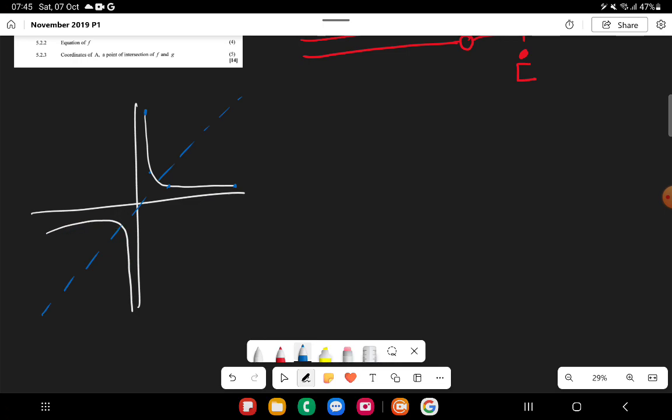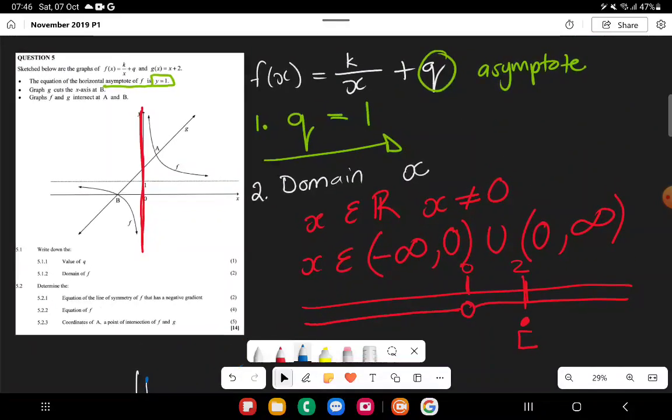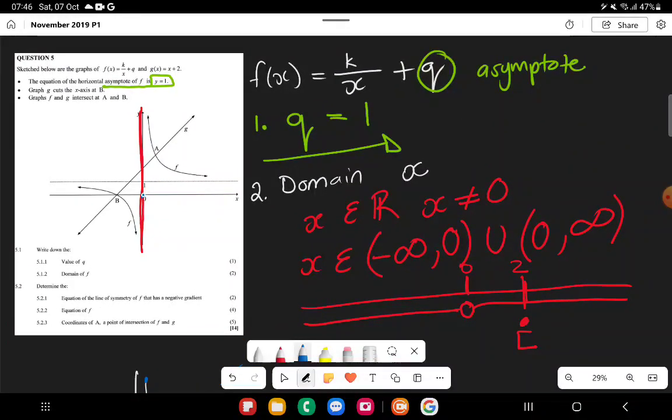So under normal circumstances, your line of symmetry would be y equals x, because here it would be 0, 0, here it may be 1, 1, here it would be 2, 2, here it would be 3, 3, et cetera. So normally it would be y equals x. But notice that on this graph, this has moved up one jump.